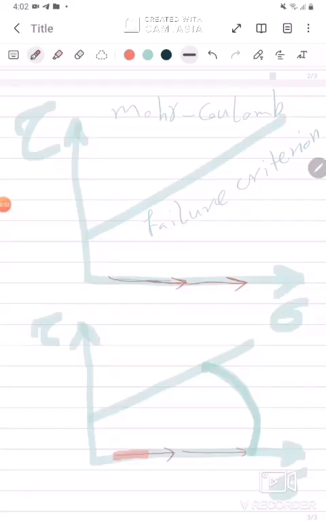So failure happens in isotropic stress condition. In the HS model, we have a failure criterion in isotropic stress situation, and this is a very important difference between these two models.